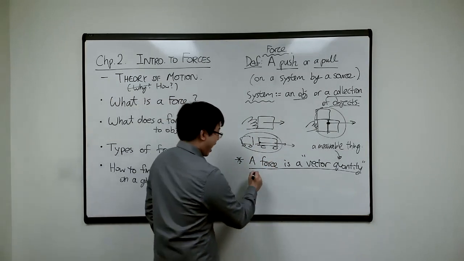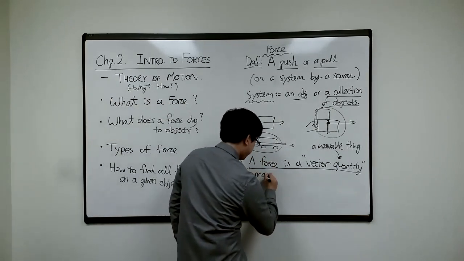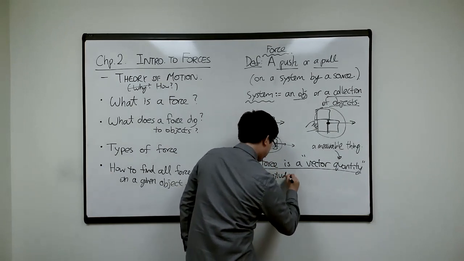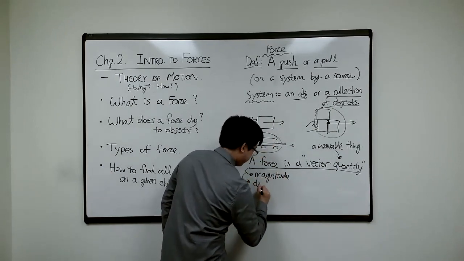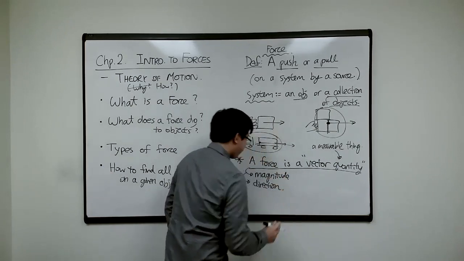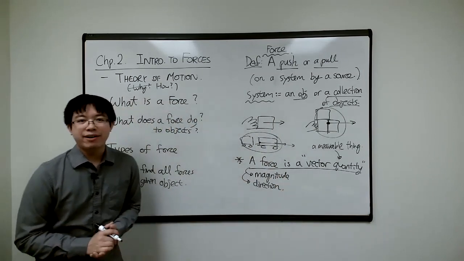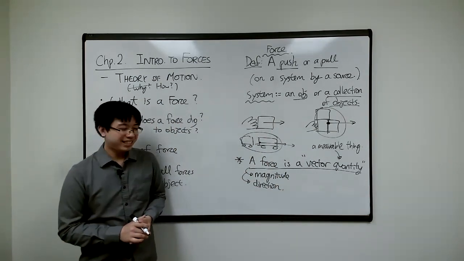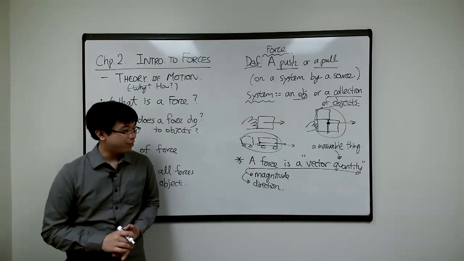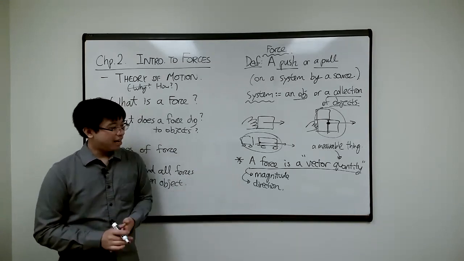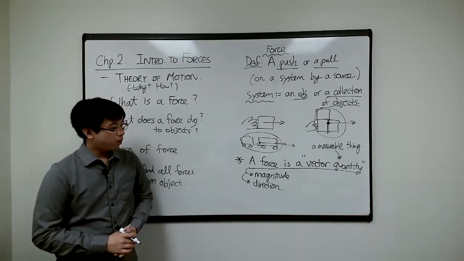That means it has a magnitude and a direction. Every time you talk about a force, in principle, you need to tell me both. What's the magnitude and what's the direction? Sometimes we're lazy, we don't say it, but if someone pushes you and interrogates you, you need to be able to tell them exactly what this is.